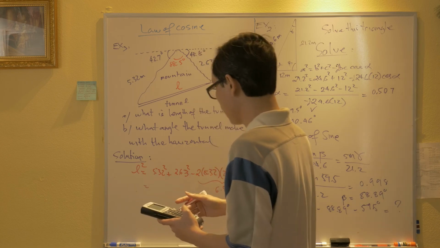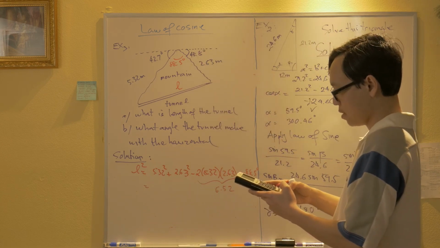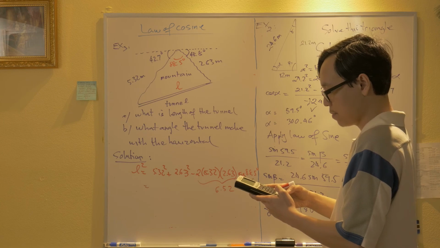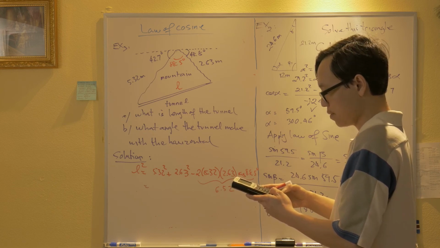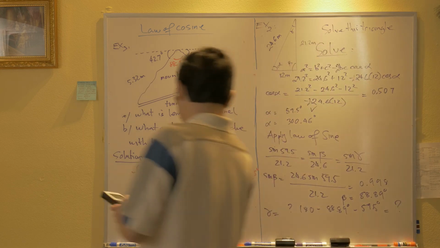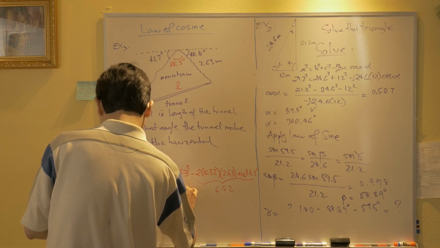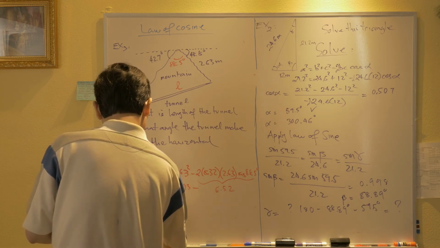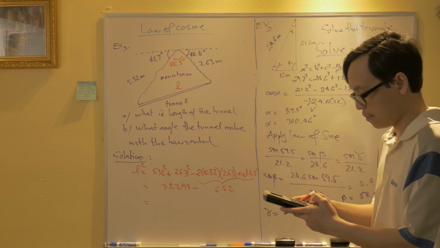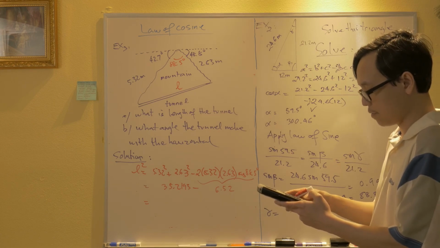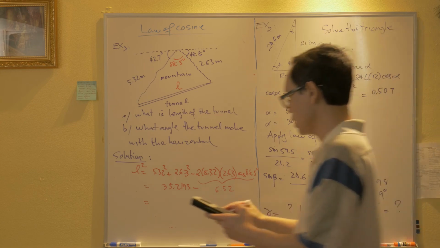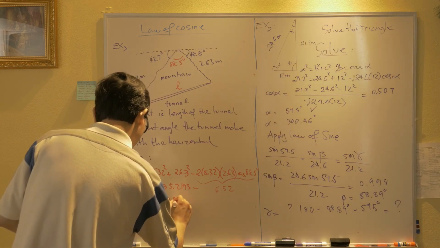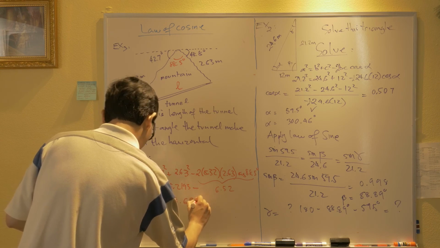And over here I have 5.32 squared plus 2.63 squared, which is 35.2193, minus 6.521. I have 28.6983.